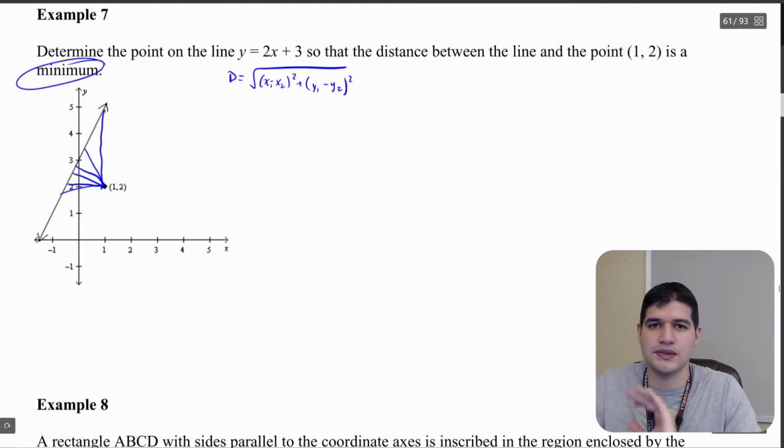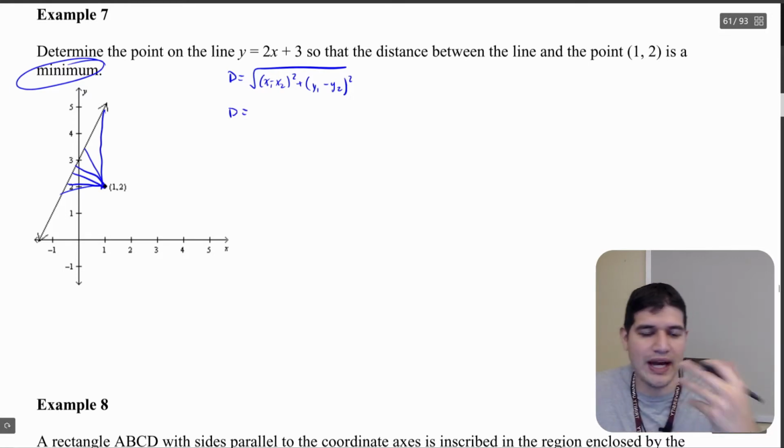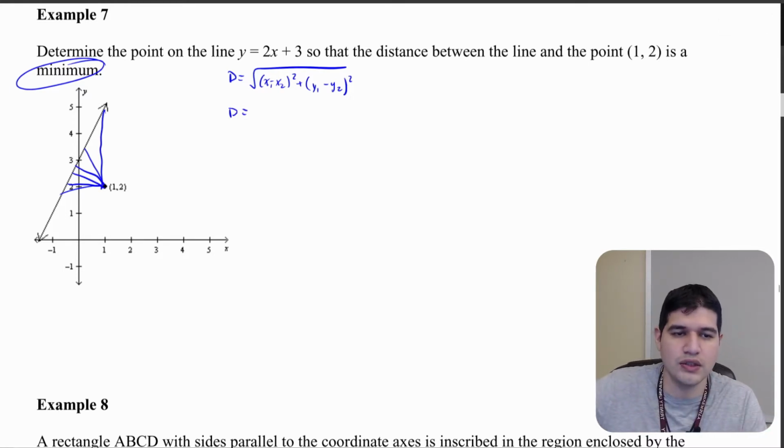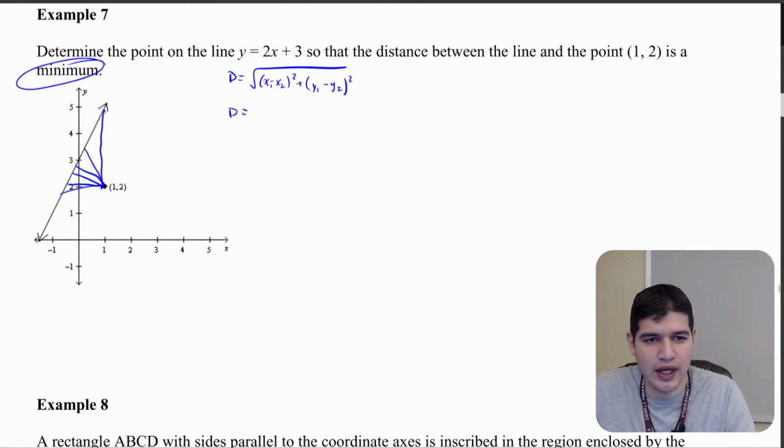So subtract the differences between x and y, add up the squares, and then take the square root. We have the point (1, 2), so we'll say that's x2 and y2, or we could say that's x1 and y1. It doesn't really matter.